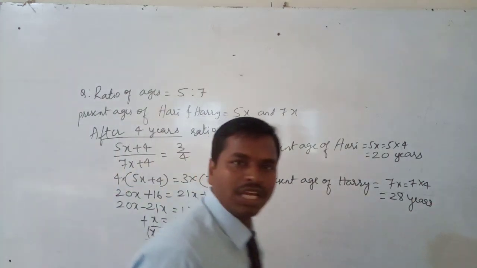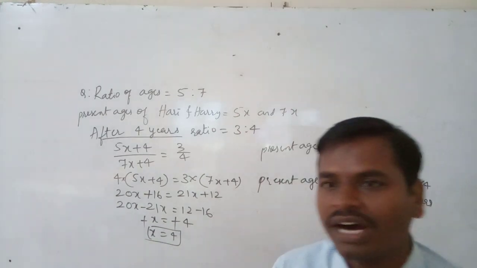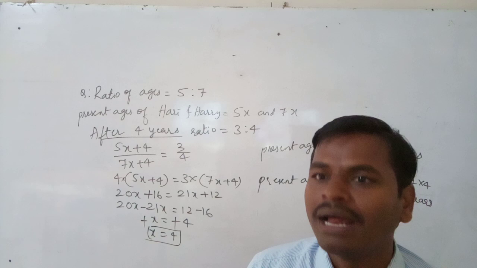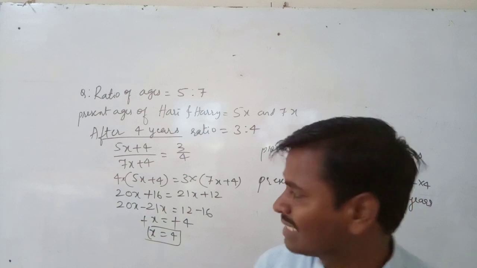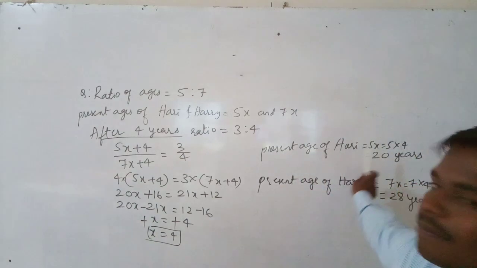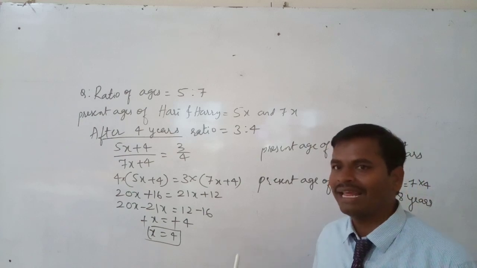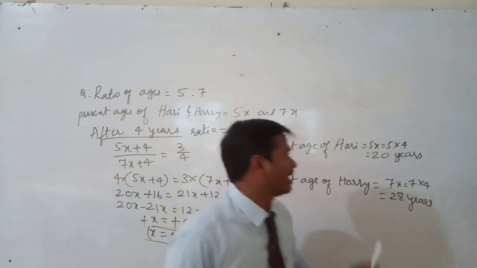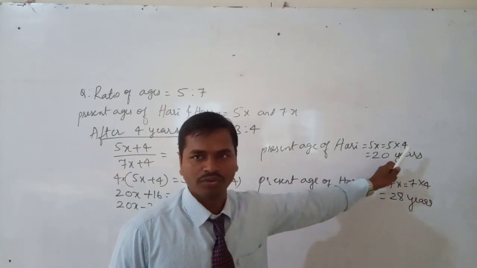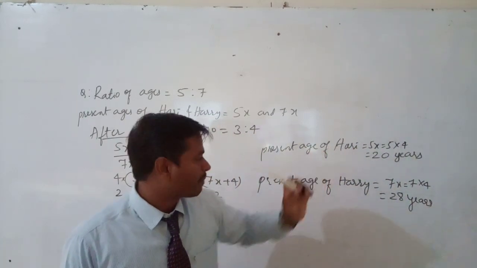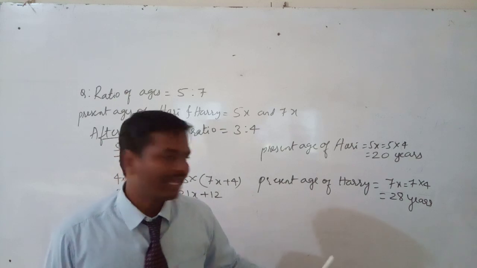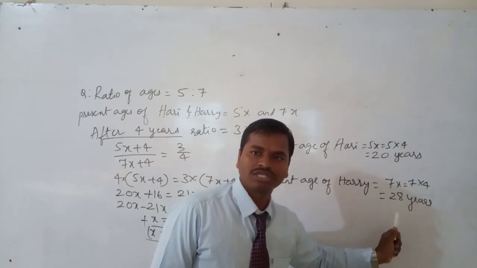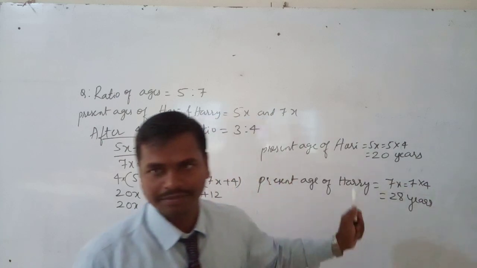Now they are asking you to find the present age of Hari and the present age of Harry. We have taken the present age of Hari as 5x, the present age of Harry as 7x. Present age of Hari is 5x means 5 into 4, it is 20. Present age of Harry is 7x, 7 into 4, it is 28 years.